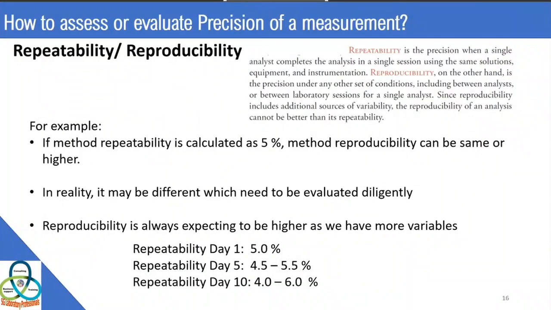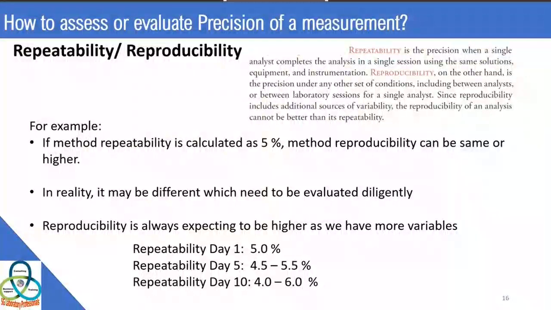Since you have more variabilities in reproducibility, for example, if your method repeatability is calculated as 5%, method reproducibility can be the same or higher. Most of the time it should be higher because there is some contribution coming from other variables. So reproducibility is always expected to be higher than the repeatability.